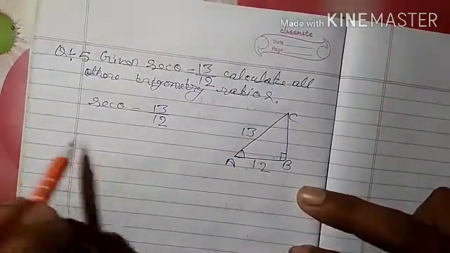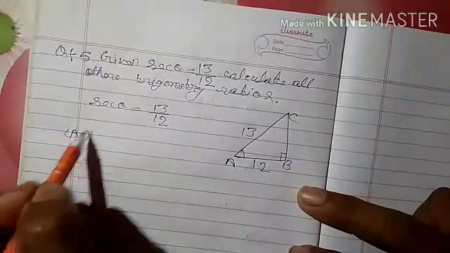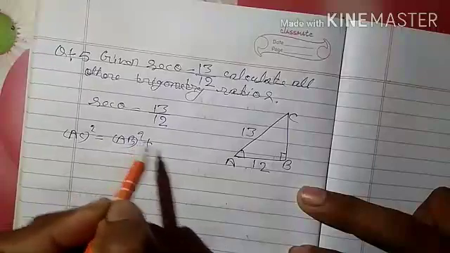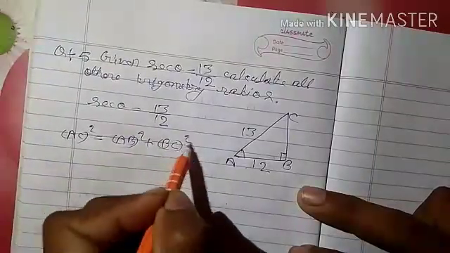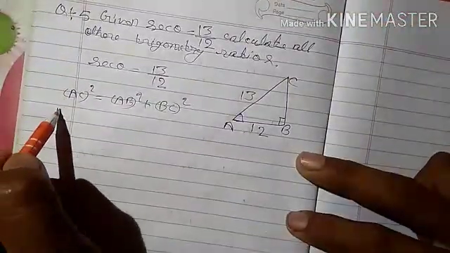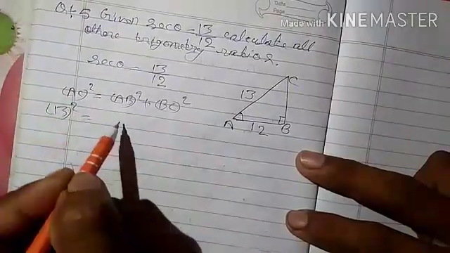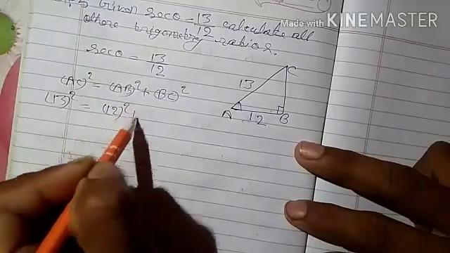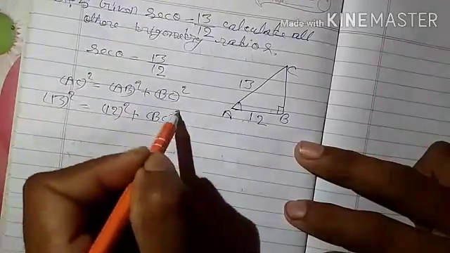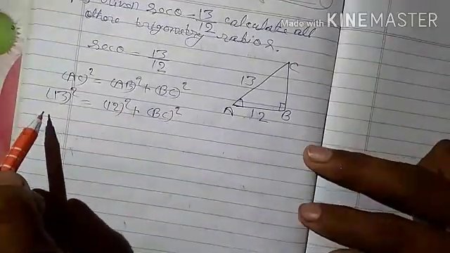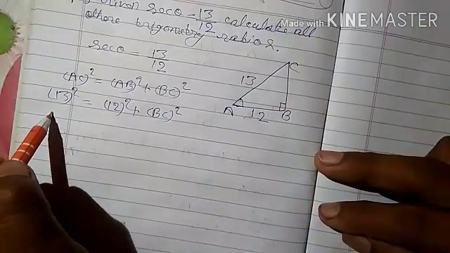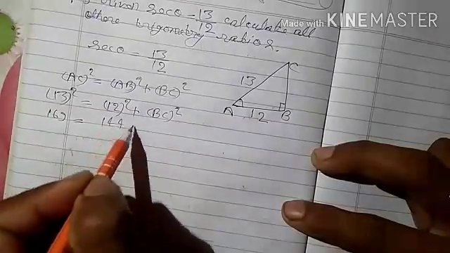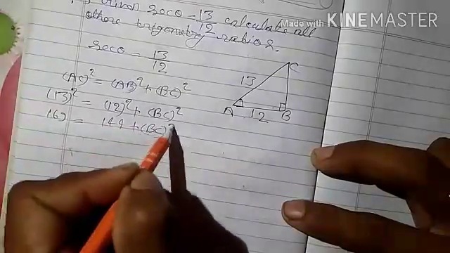So by Pythagoras theorem, AC square is equal to AB square plus BC square. The value of AC is 13, so 13 square is equal to AB, that is 12 square, plus BC square. So 169 is equal to 144 plus BC square.